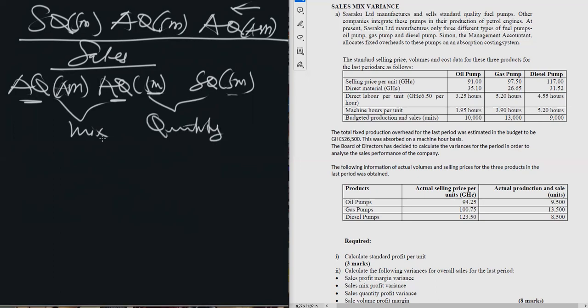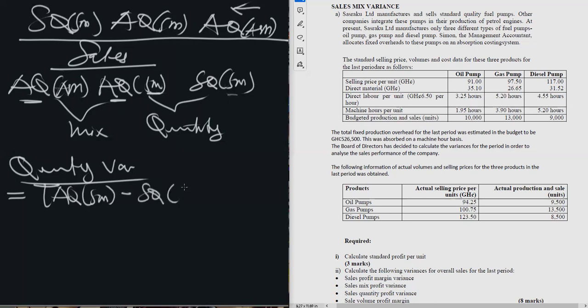Now that you know this, you can rewrite them. The sales quantity variance will give us the actual quantity at standard mix minus our standard quantity at standard mix, all times the standard profit. And we know their standard profit, right? So all we have to do is just put there for oil pump, for gas pump, and for diesel pump. That's all.